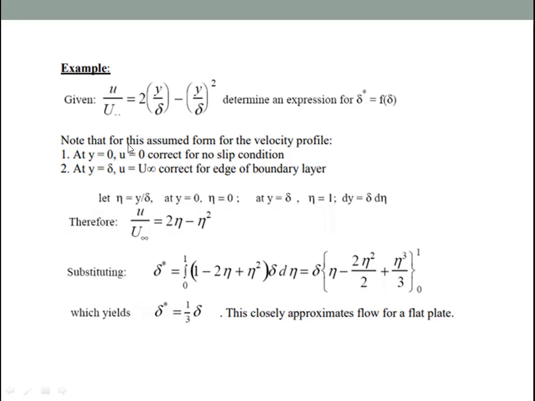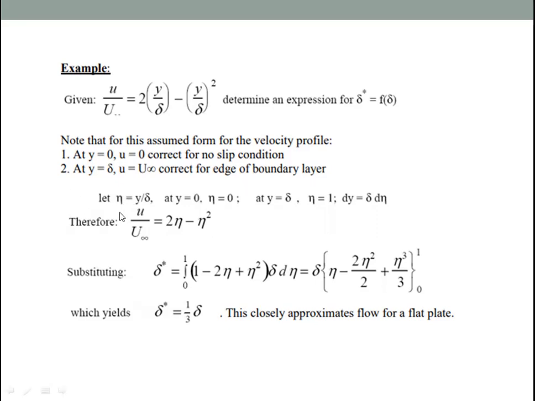Note that for this assumed form of the velocity profile, at y equal to 0, u equal to 0, which is correct for the no slip condition. At y equal to delta, u equal to u infinity, which is correct for the edge of the boundary layer. We know the formula to calculate the displacement thickness as we saw in the previous slide.